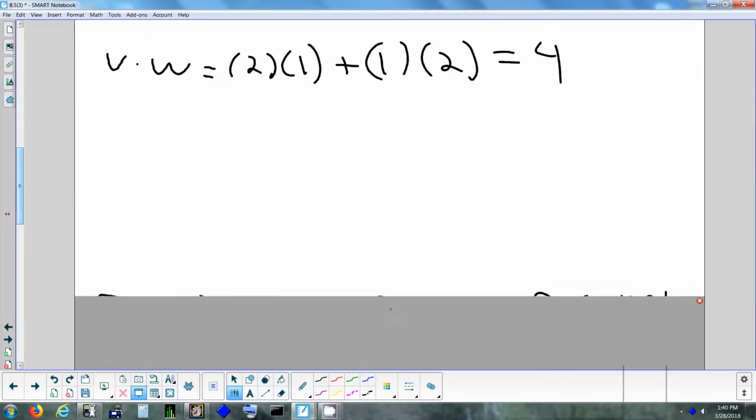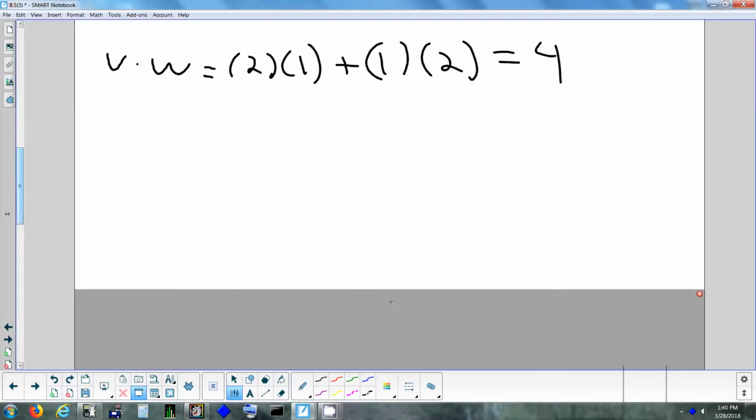Right, so that's perpendicular. Now we're going to look at parallel. Well, there's 2 situations for parallel. Those 2 vectors are parallel, or you could think of them as moved off each other if you want. The angle between them would be 0. Think of them as on top of each other.